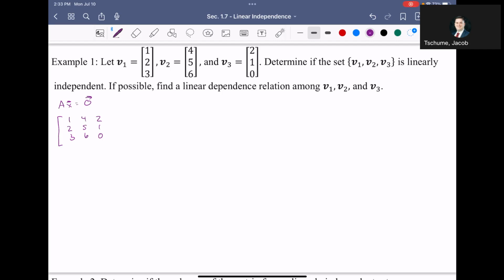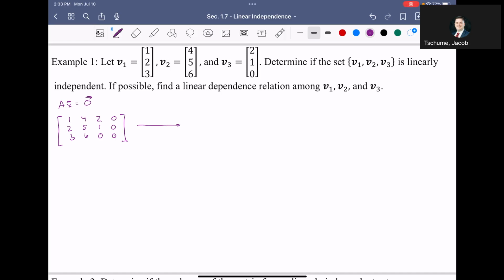And then to make it a homogeneous equation, remember your last column needs to be all zeros. So now the question for part A just becomes a yes or no question: are they linearly independent? So all you'll need to do is get this into echelon form in order to figure out if there's any free variables. So let's see if we can get this into echelon form.